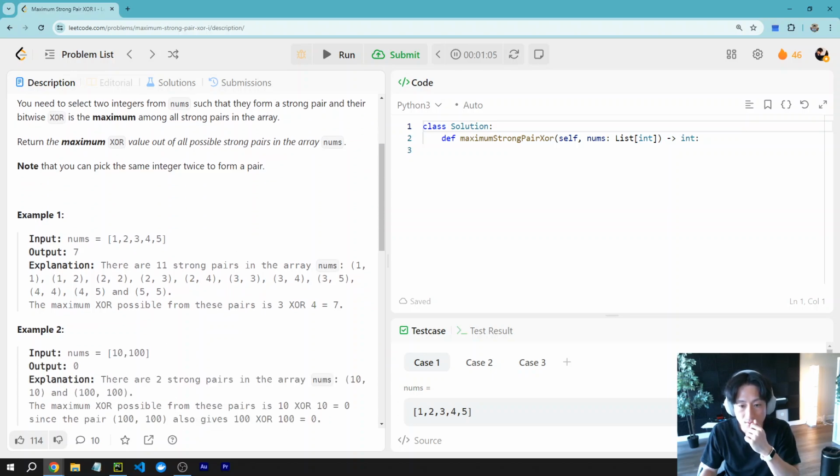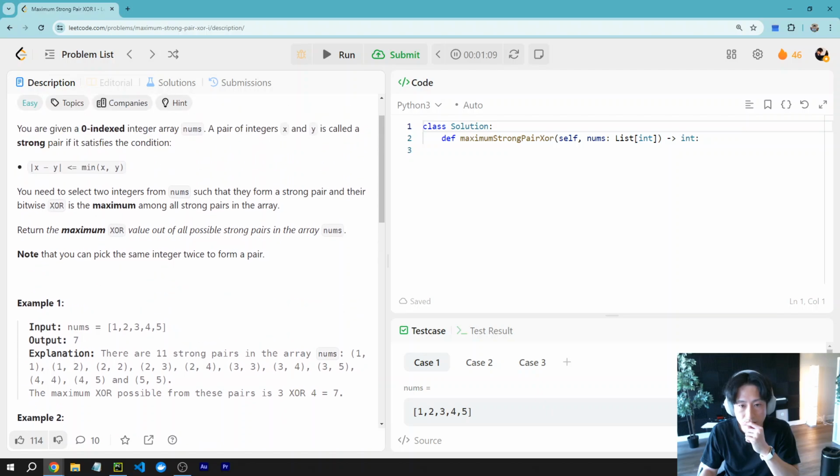So we have 11 strong pairs, which meet this condition. And maximum XOR, how can I compute the XOR?